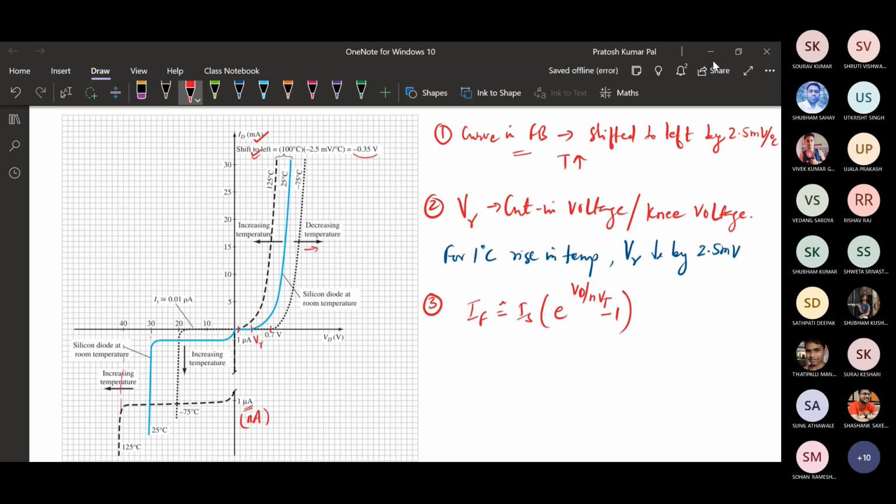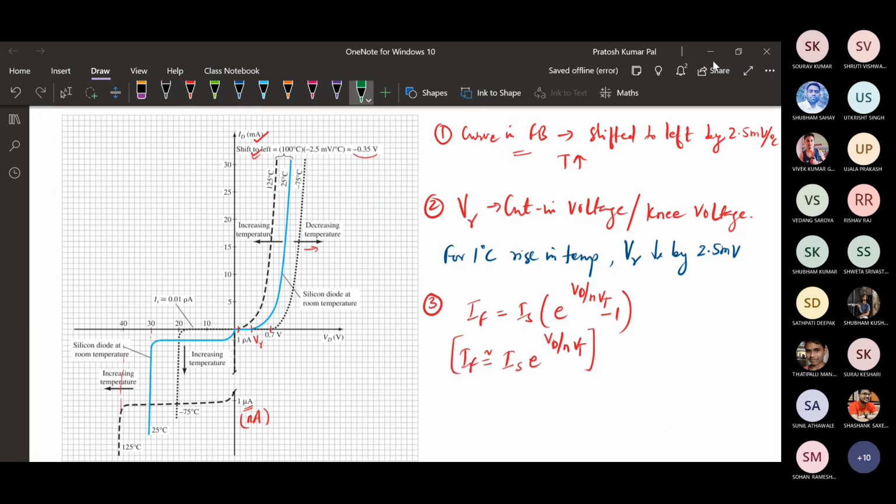This was the exact equation. For simplicity, we can write the forward current as IS e to the power Vd divided by nVt. This minus 1 will be very small compared to e to the power Vd by nVt, so we will neglect it. So this is the forward current.